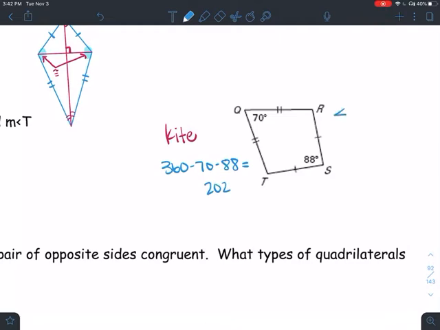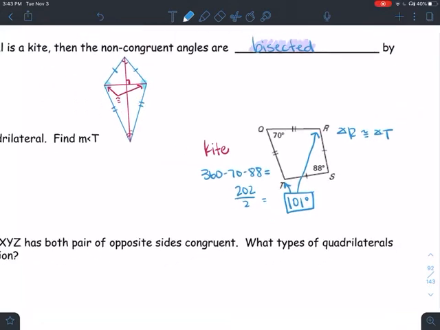And I know that angle R is congruent to angle T. So I'm going to divide that 202 in half. So this would be 101 degrees for both angle T and angle R.